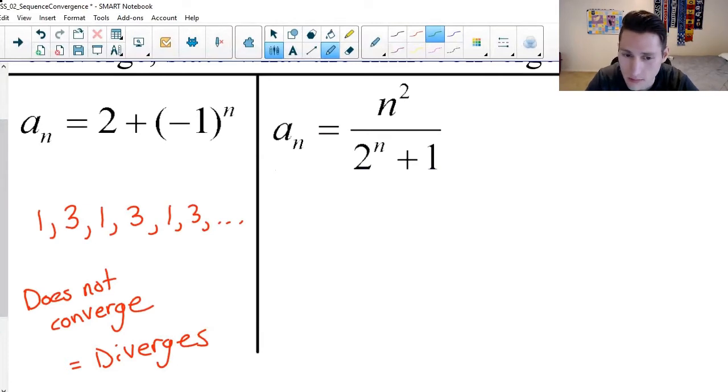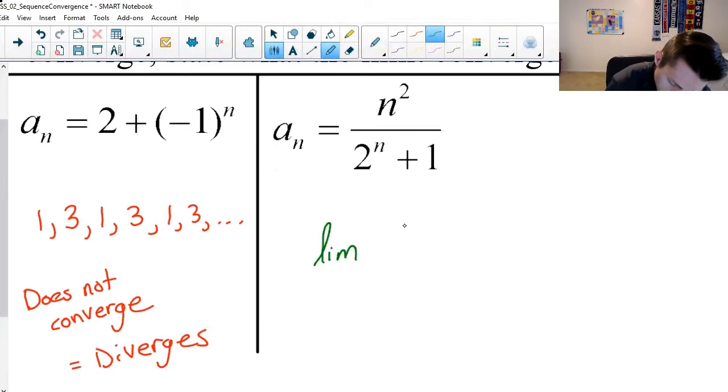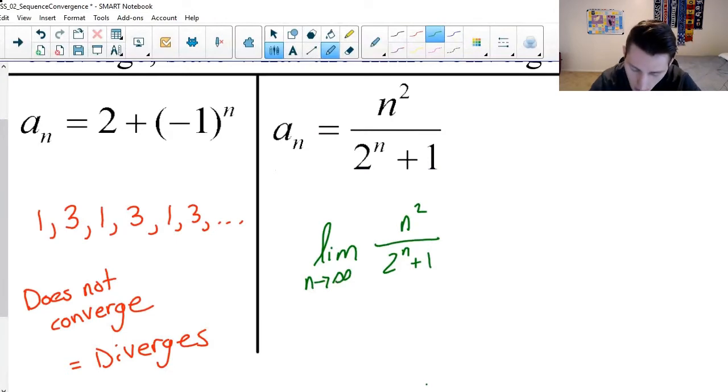Next sequence, n squared over 2 to the n plus 1. So think about this limit as n goes to infinity. So again, n squared in the numerator, well, that'll just go to infinity.